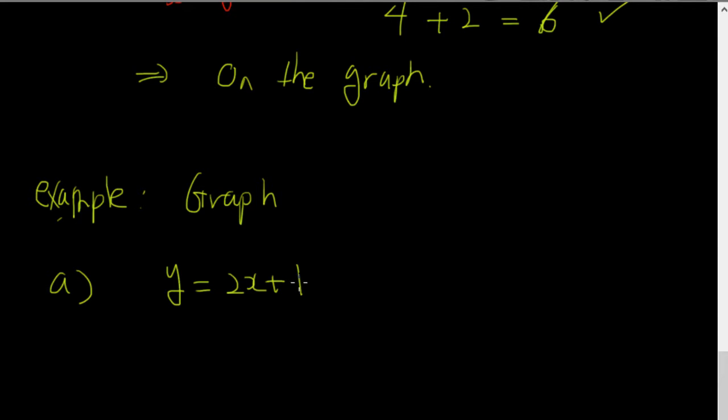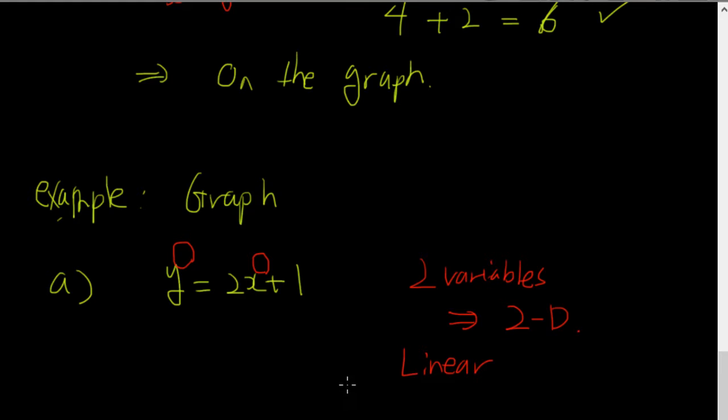Just before we jump in and start graphing, looking at this equation, we know this is going to be a two-variable case, because we have x and y. What does two variables mean? This is a 2D graph. And this is going to be the linear case, because the exponent of y is 1 and the exponent of x is 1. Linear case, straight line case.